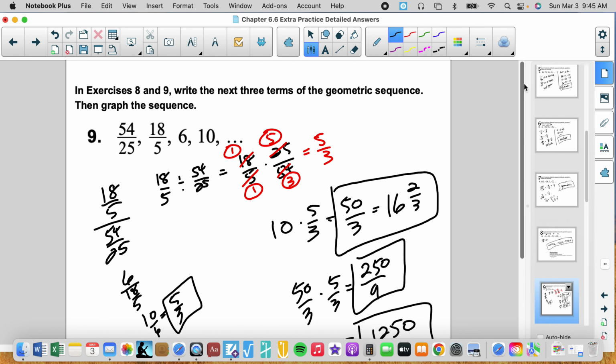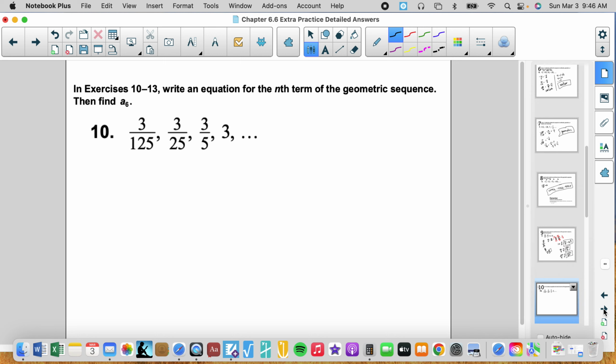Yeah, that's fun, right? 6 times 5/3. Yeah, that worked. It's not fun, much like this one's not fun. I'm going to multiply by 5.